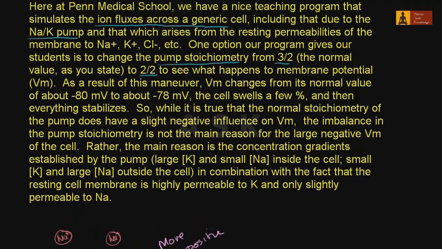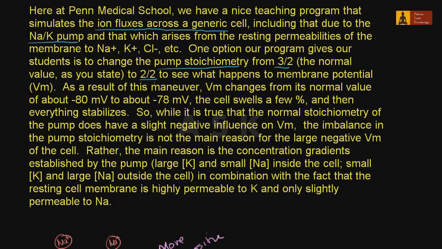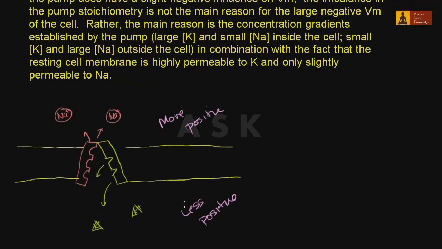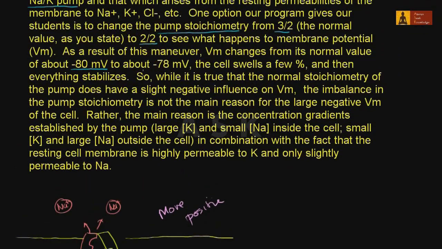But he goes on to say, they could change it to 2 to 2 in the simulation. As a result of this maneuver, the membrane potential changes from its normal value of about -80 millivolts, and they measure that. They take the voltage here minus the voltage there, so that you get a negative number. This is more positive, it's a larger number. So it changes from -80 millivolts to about -78 millivolts.